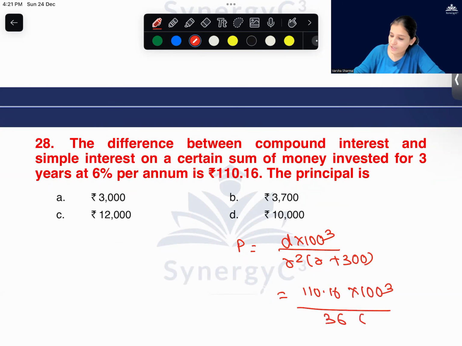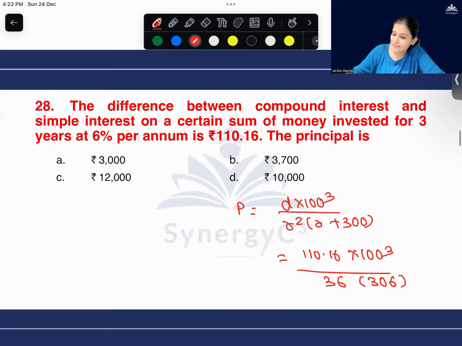R plus 300 is 306. That is 10,000. I'm not going to show you how to use the calculator now. That's all you have to do now.